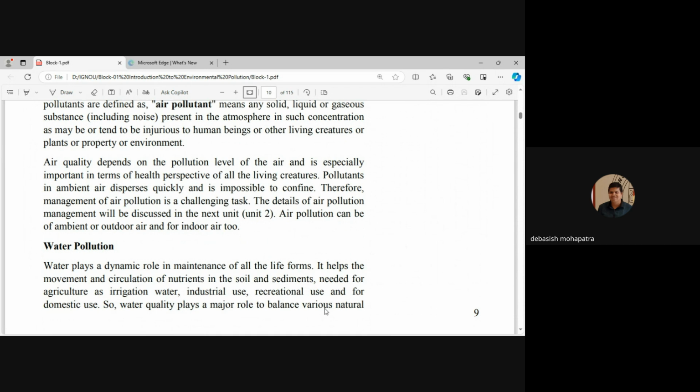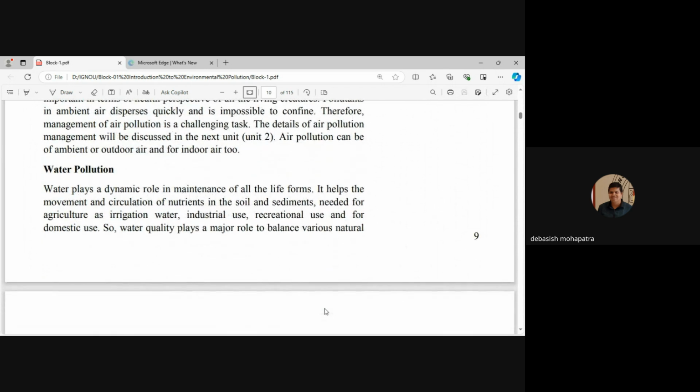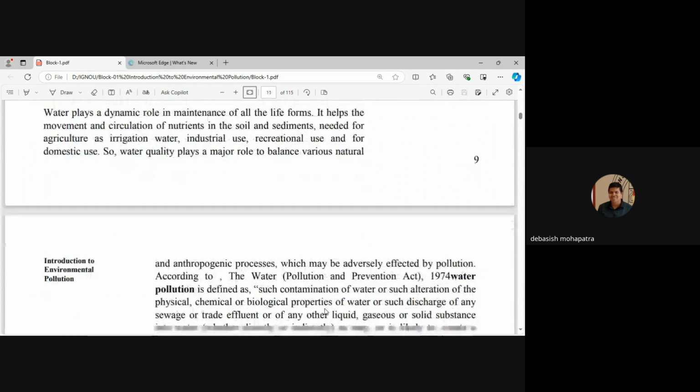Then comes water pollution. As we know, when you add anything which is not required or unnatural to the water, then we call it water pollution.